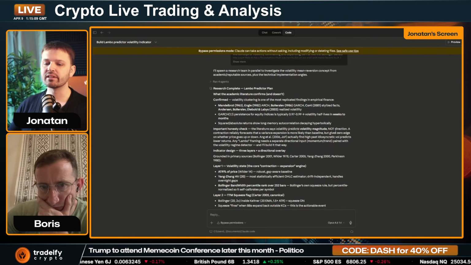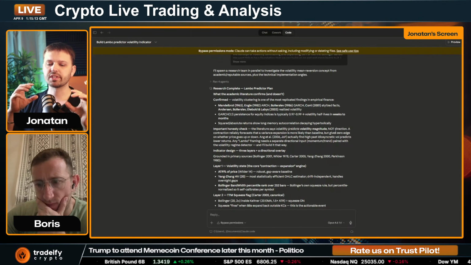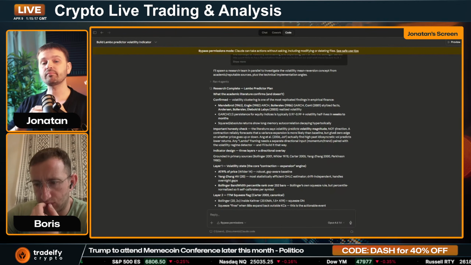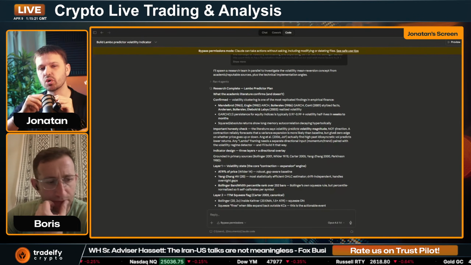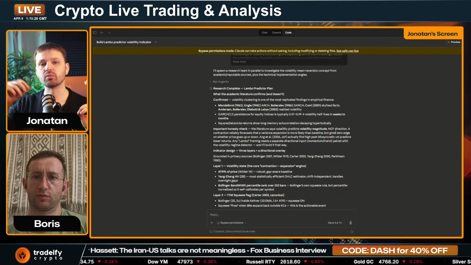So the idea here is we need to understand that volatility is going to contract, and it is going to expand after a period of contraction, but we don't know in what direction.